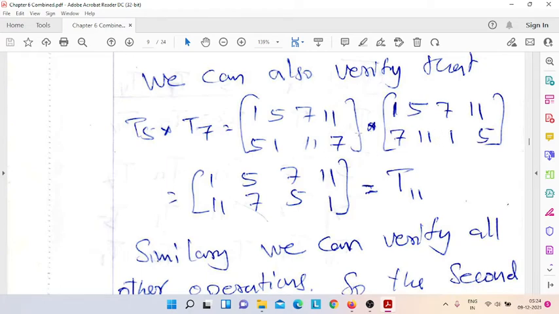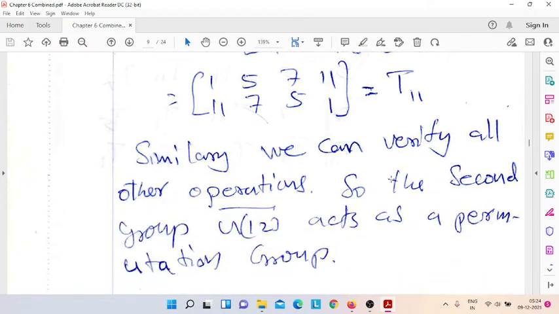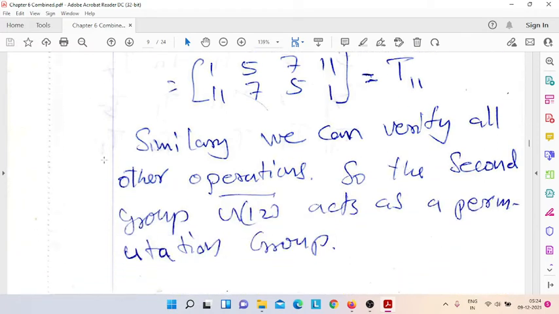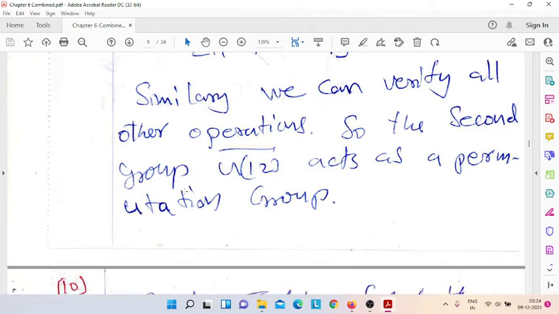The step behaves exactly like the permutation composition operation that we have discussed, and it gives us the answer T11. Similarly, we can verify all other operations by considering any two elements arbitrarily and finding the answer. And so the second group, U12 bar, acts as a permutation group.